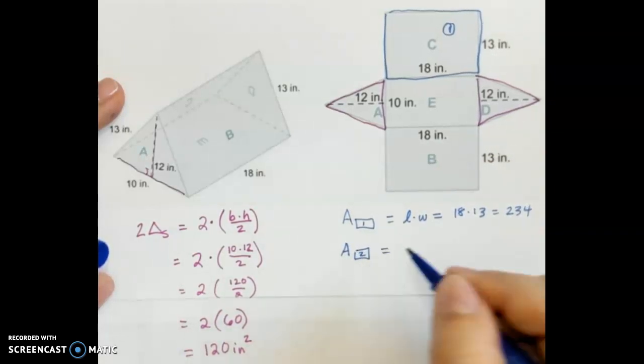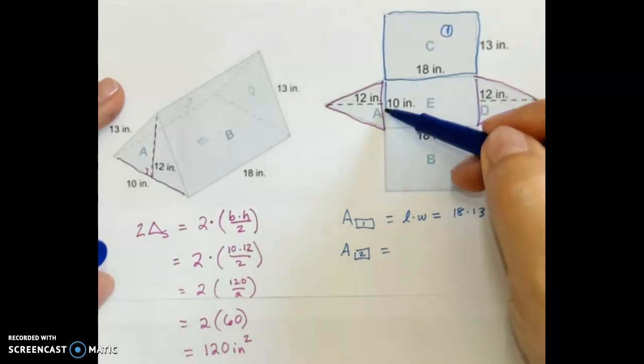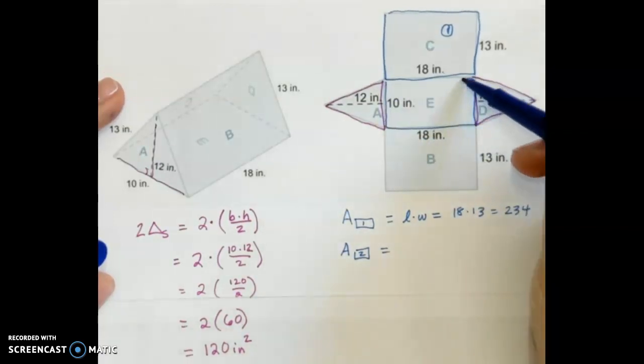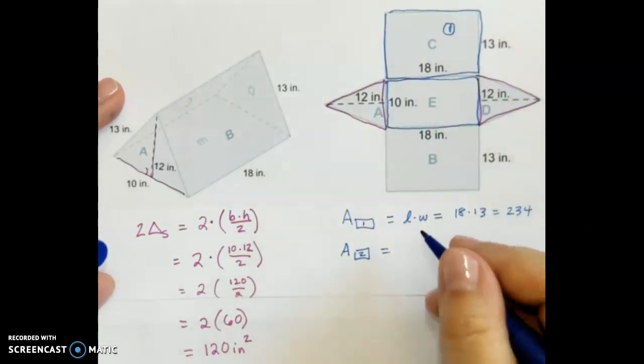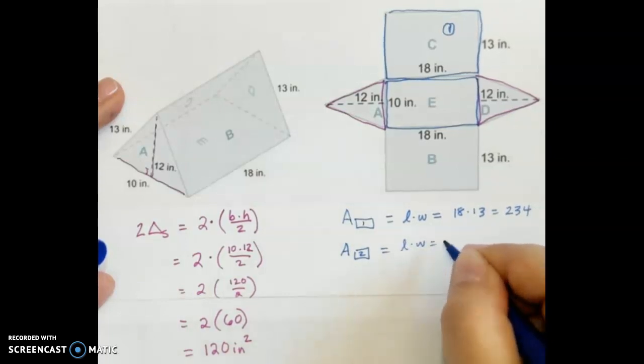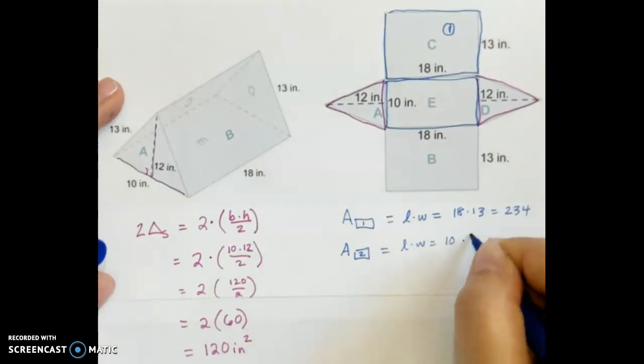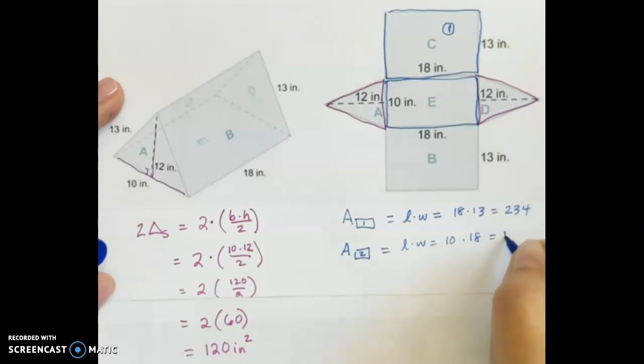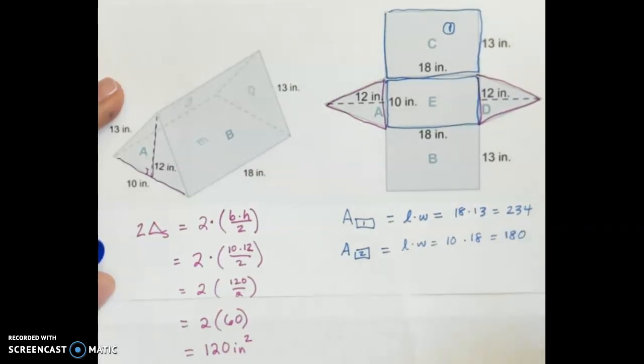So, area of the second rectangle, this is the one in the middle. And the length and width here are 10 and 18. And that means the area of that rectangle in the middle is equal to 180 inches squared.